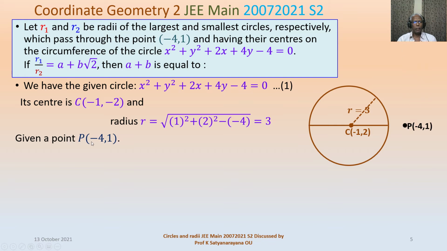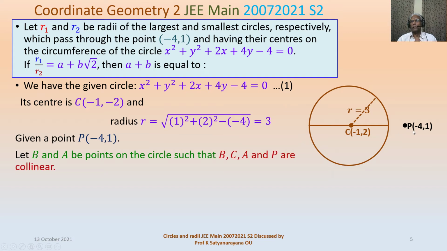Given a point P with coordinates (-4, 1), we can easily see that this point P is outside the circle. Now the construction: let B and A be points on this circle in such a manner that B, C, A and P are collinear.